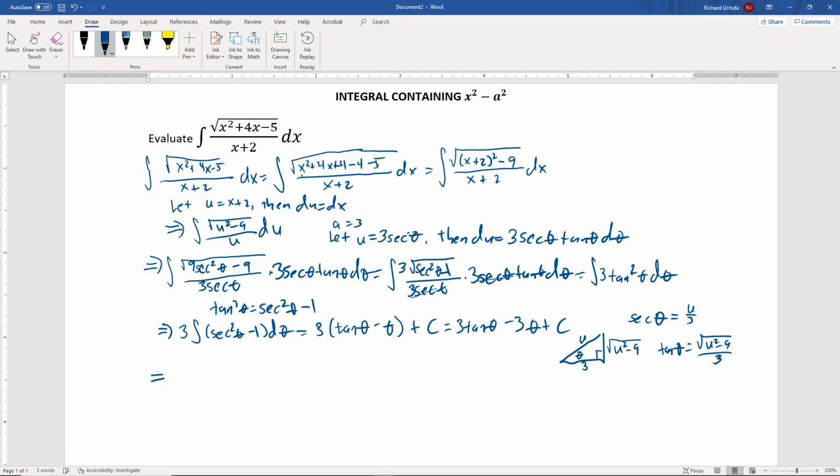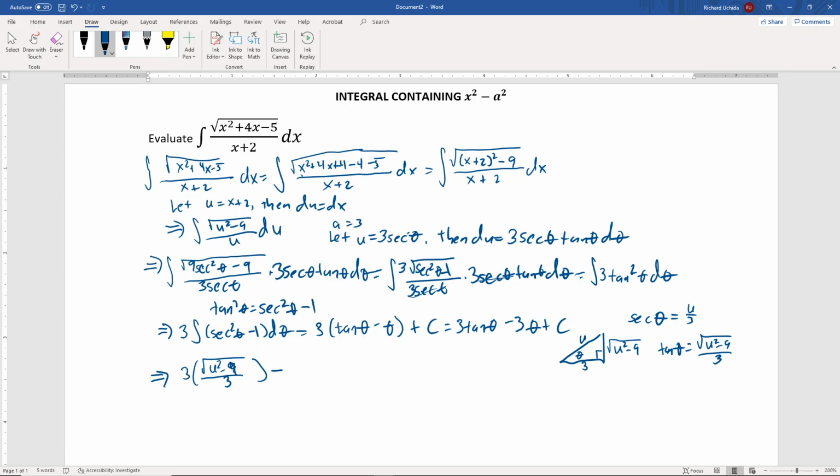So substituting that in, we'd have 3 tangent of theta become 3 times that square root of u squared minus 9 over 3, minus 3 theta.